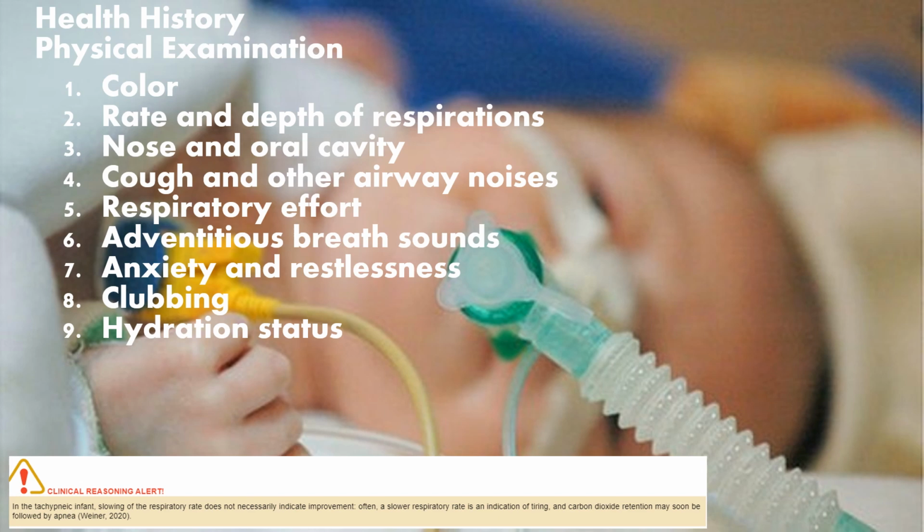Also in the health history, we want to ask if they were born with any chronic diseases. Children with chronic lifelong diseases, even if they are not specifically about the respiratory tract, like for instance cerebral palsy, depending on the severity of the palsy, may have a very difficult time moving their chest wall.